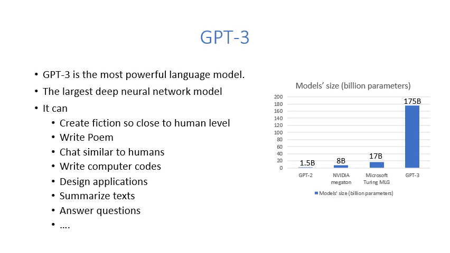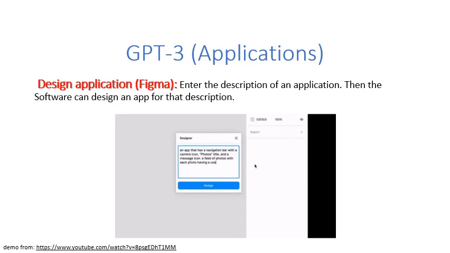You can create fiction, you can write poems, chat in a way that is pretty similar to a human. And more interestingly, you can write computer code, because computer code is language, right? And you can summarize a text. You can answer questions, many different things.